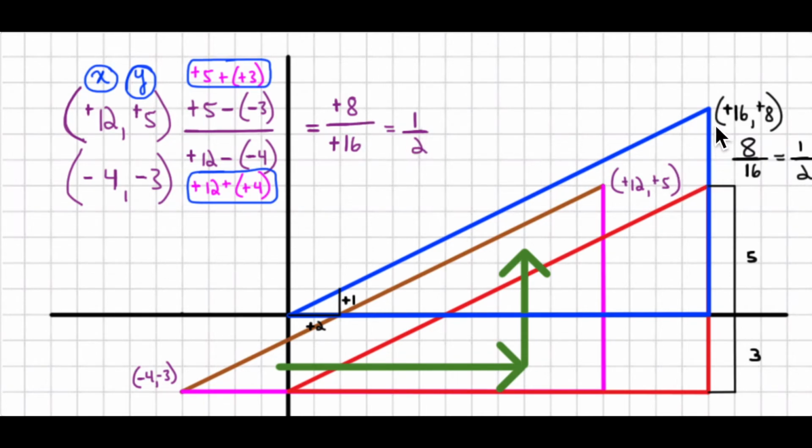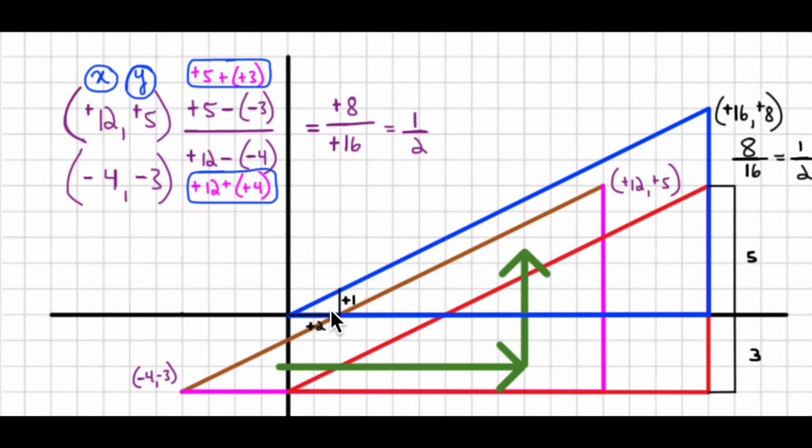So that tells you that this vertical length is 1/2 as long as the horizontal length. So for every 2 units along the horizontal axis, this line goes up 1 unit along the vertical axis. So 2 units over, 1 unit up, repeated.